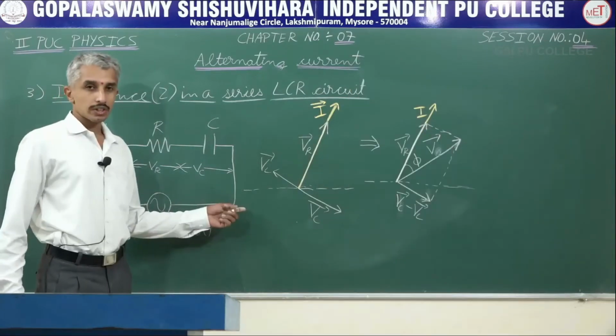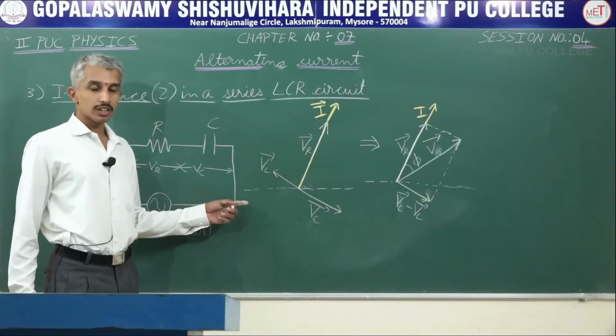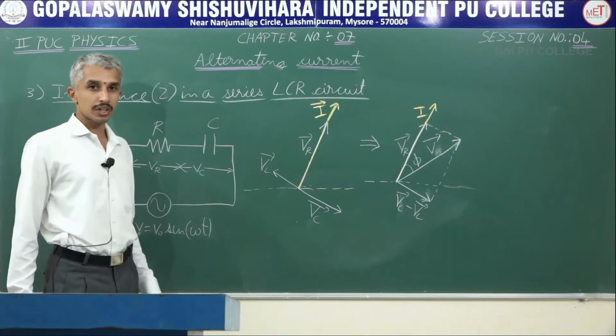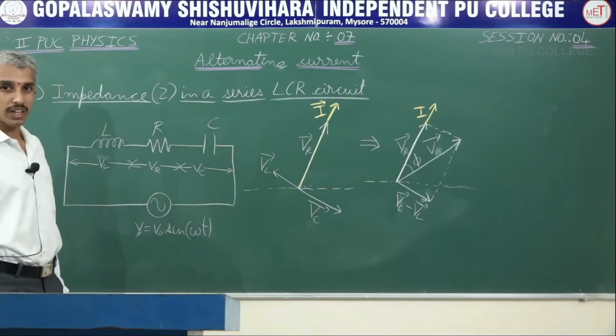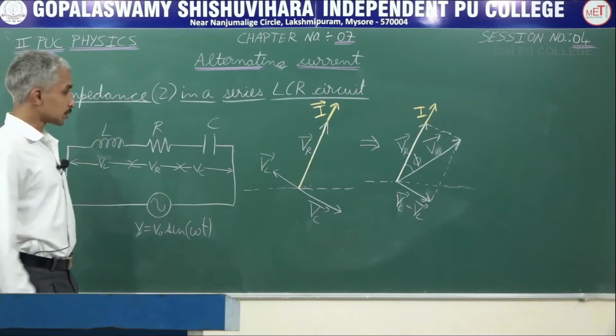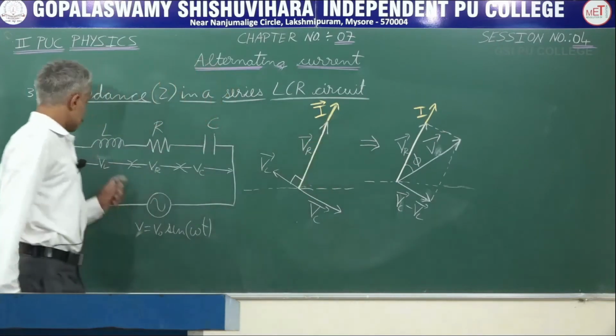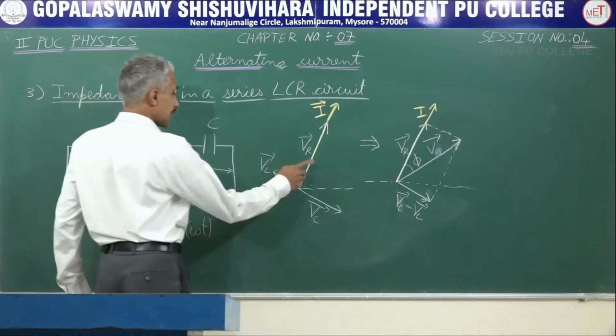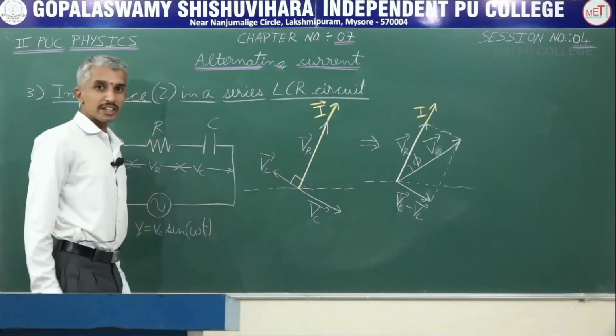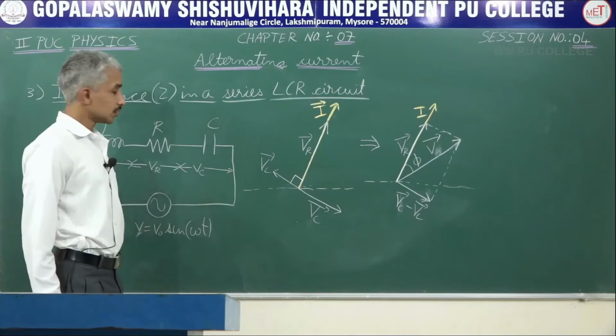Now, just now earlier we had recalled that the current in an inductive circuit is given by I is equal to I naught sine of omega t minus pi by 2, which means the current through an inductor is lagging behind the voltage by 90 degrees or pi by 2 radians.